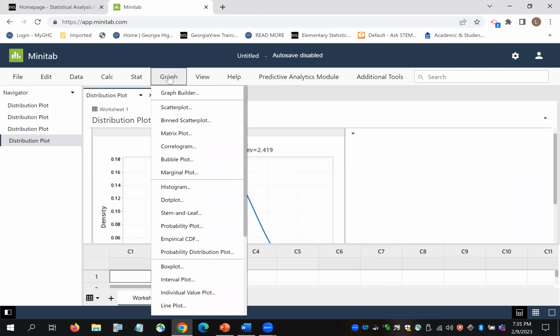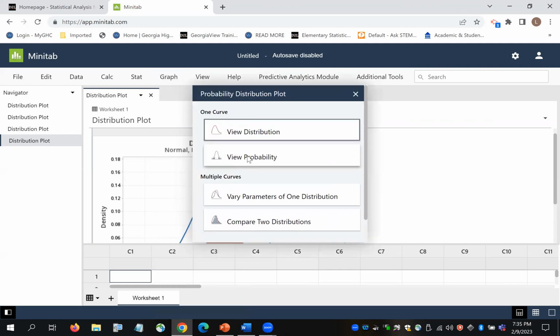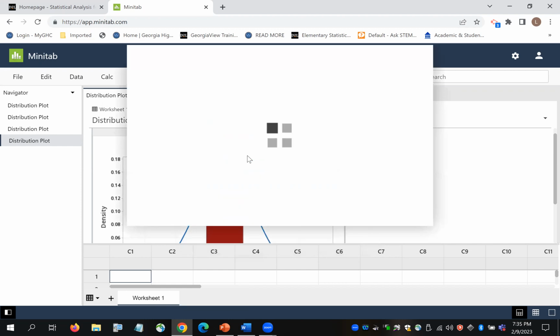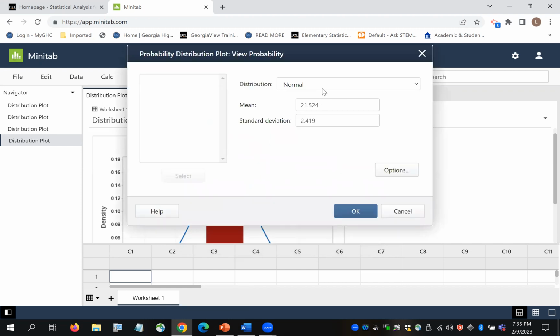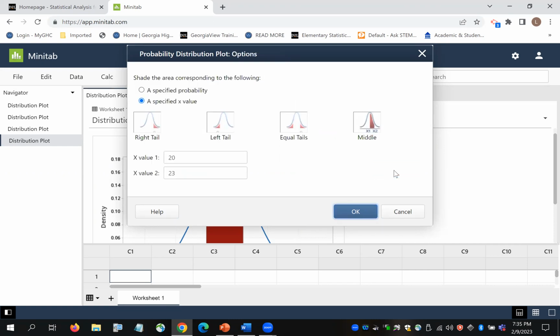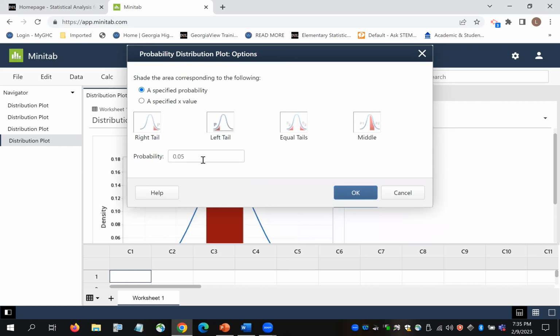I still go Graph, Probability Distribution, View Probability. It is normal. Mean is 21.524. Standard deviation is 2.419. I go to Options. This time I have a specified probability that is in the left tail. The probability in the tail is the 80, and it does have to be entered as a decimal. I then click OK.